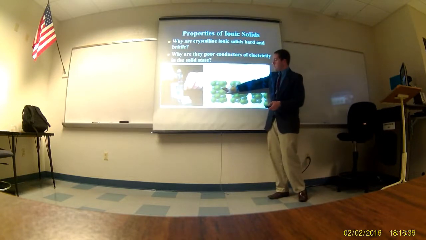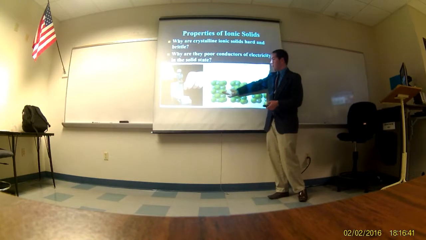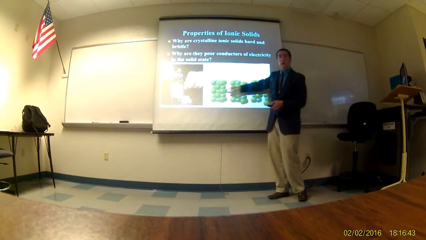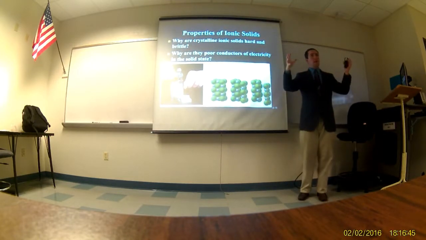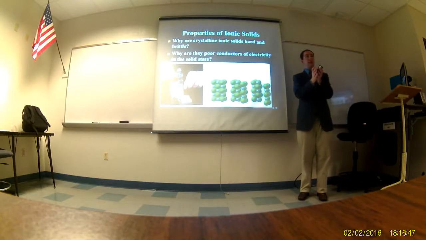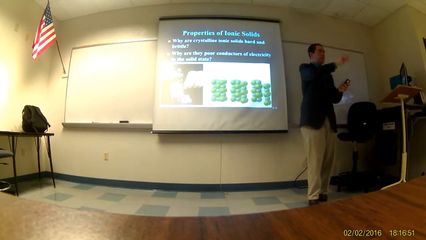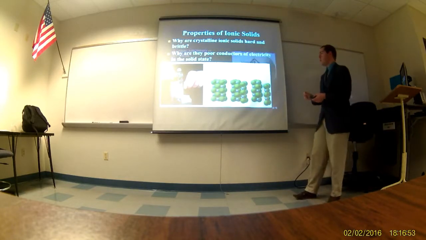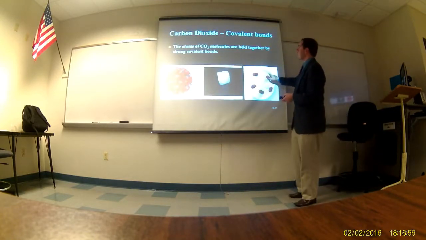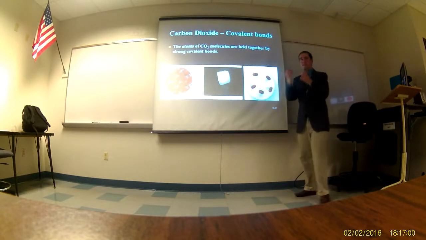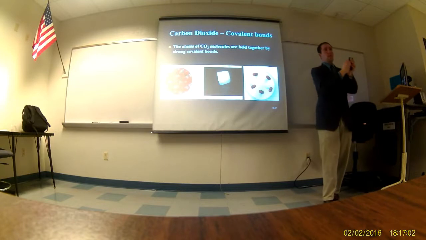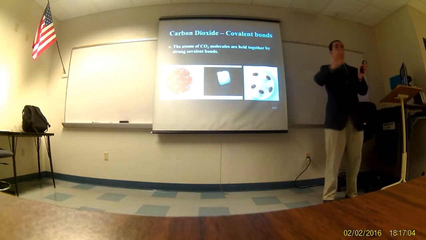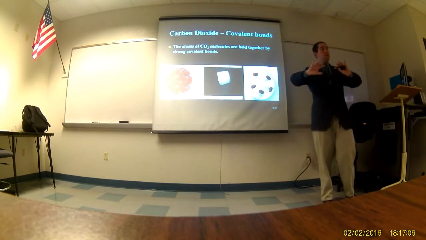This sodium is partially paired with that chlorine, that chlorine, that chlorine, this chlorine back here, that one over there. It's just a big group of sodium and chlorine ions in a 1-to-1 ratio. You can't pick and say, this sodium goes with that chlorine. But in a covalent compound with covalent bonds, you have distinct molecules. And once you leave that molecule, you're in a different molecule, and they can be separate from each other.